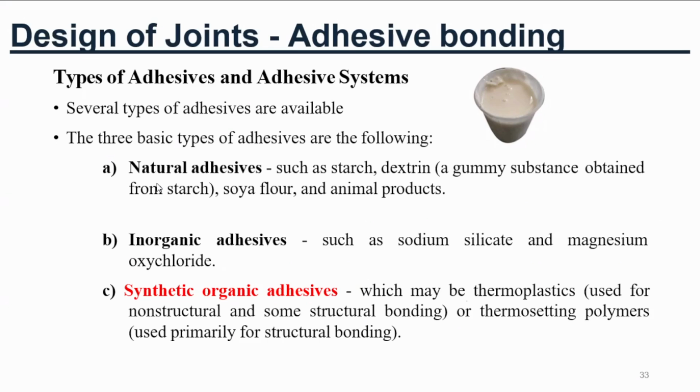When we come to dextrine, it is used for some envelopes. Here you can see a gummy substance obtained from starch, used for labels and envelopes.